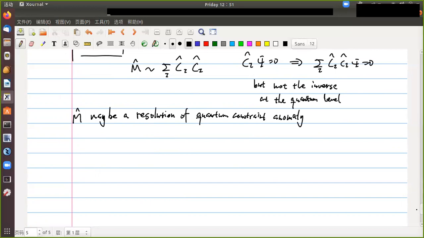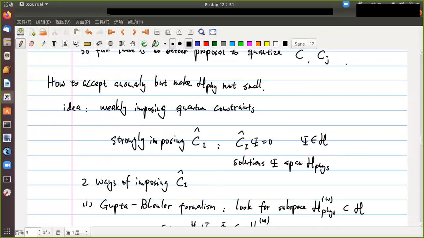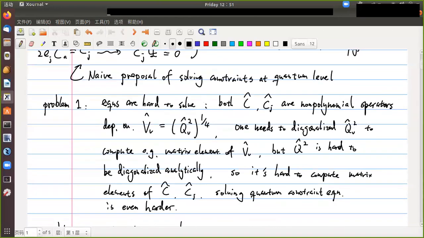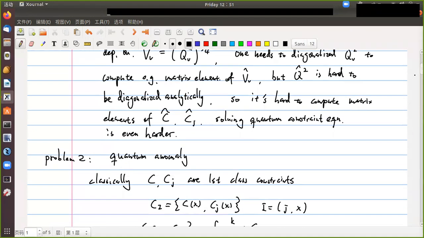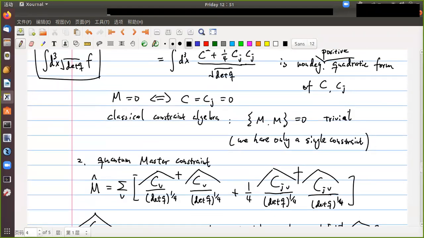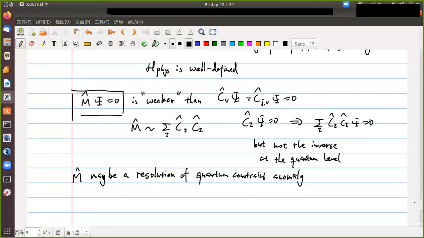How to solve? We see when we do the quantization of the constraints, we are left with two problems. One problem is that it is very hard to compute. Secondly, you have anomalies, quantum anomalies and also discretization anomalies in your formalism, and somehow the master constraint can help a little bit, but it's not 100% helpful, especially for problem one from a computational perspective.